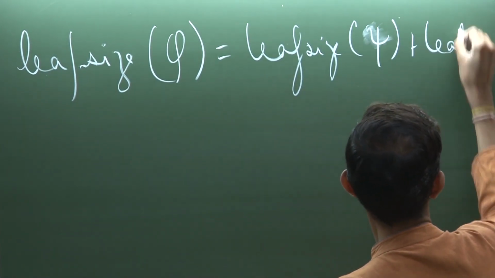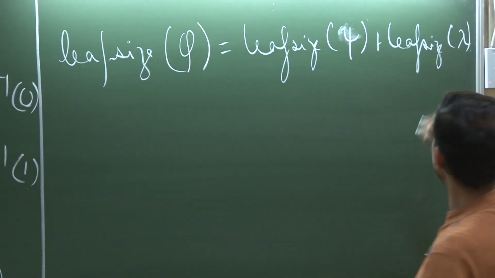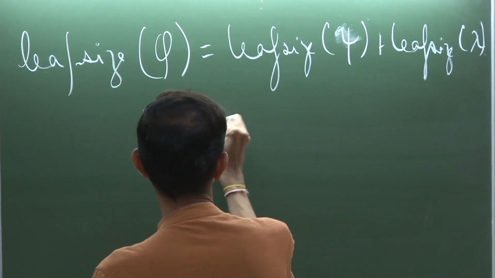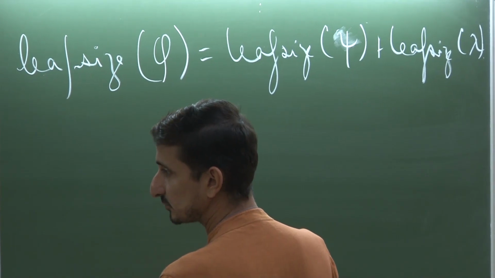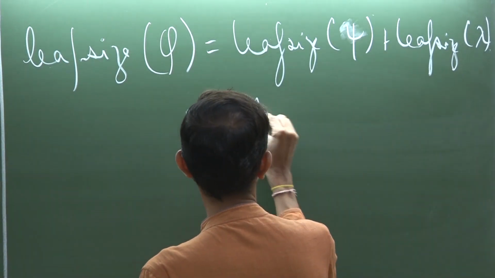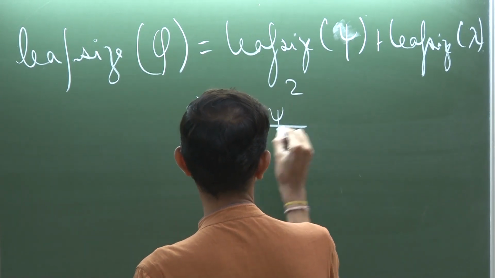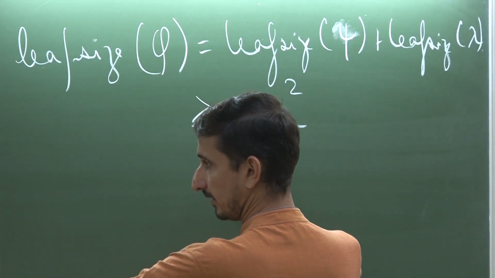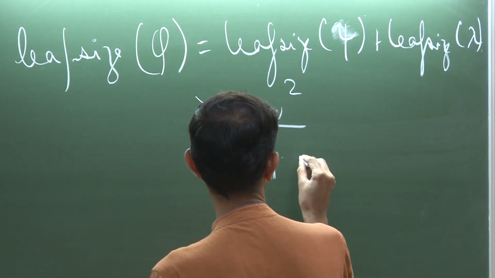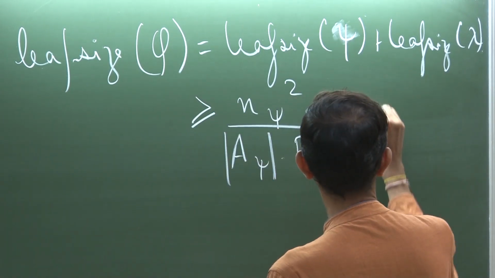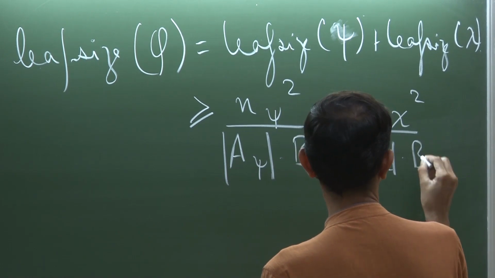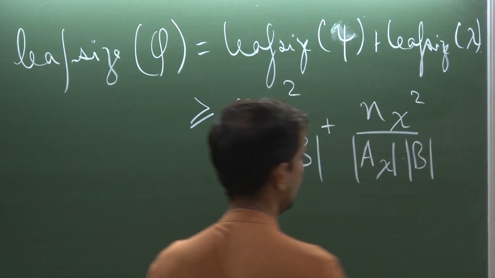psi plus leaf size of chi, and by induction what we have is that this quantity is greater than or equal to, now I can use my notations, N_psi square divided by A_psi times B plus N_chi square divided by A_chi times B. Okay.